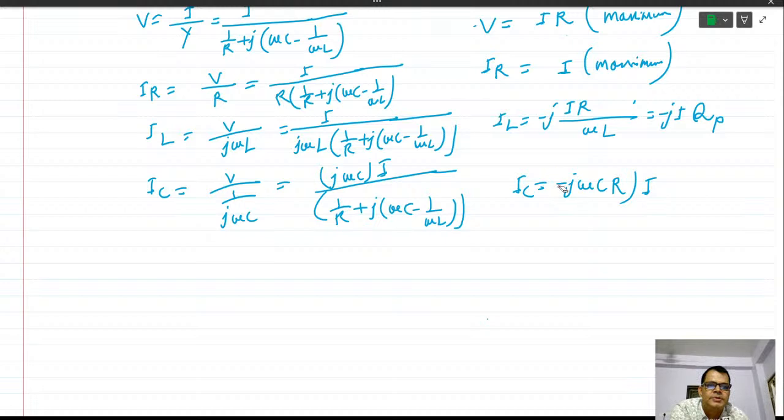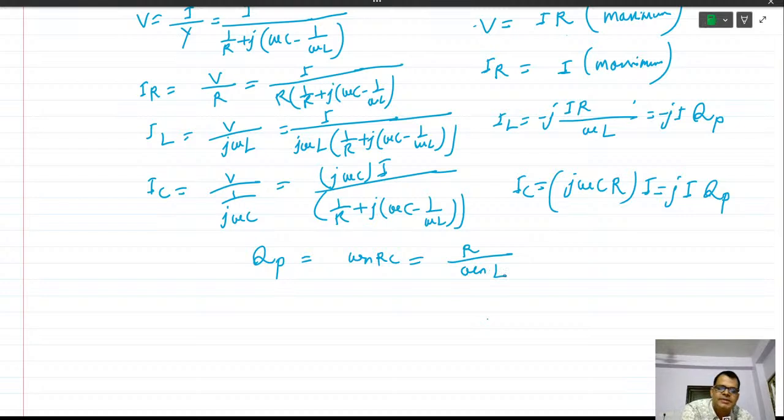That should be confusing. j omega C R I, that is j I QP. What is the QP? QP is the quality factor of the parallel resonance circuit, which is omega n R C or R upon omega n L.